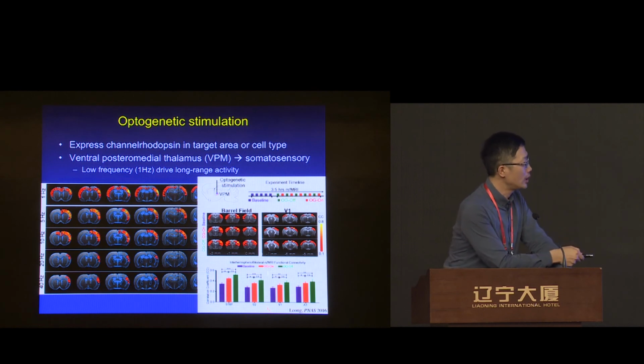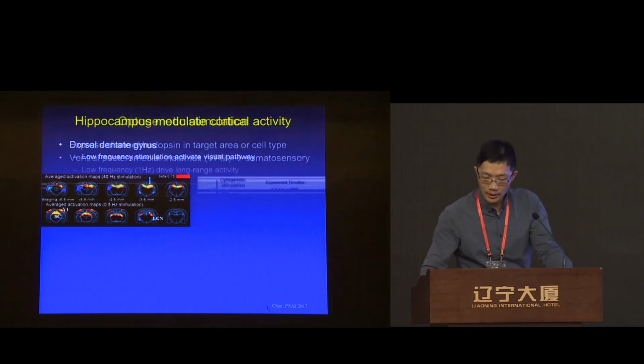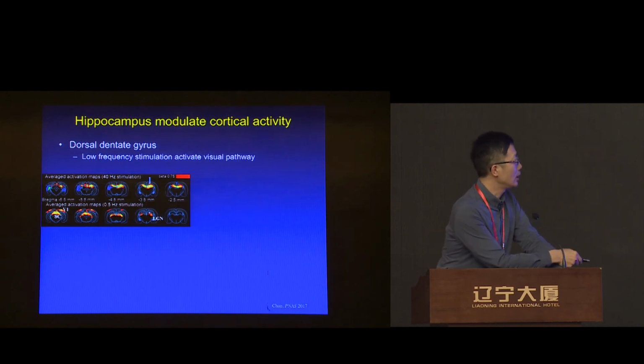And they can show that if you measure the resting state connectivity, the connectivity was enhanced not only during the optogenetic stimulation, but after the stimulation is turned off, and it is increased. And in the recent paper, they further show that if you stimulate the dentate gyrus drivers with low frequency compared to high frequency, you see a very different region being activated.